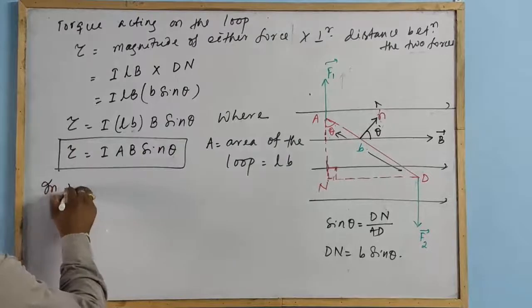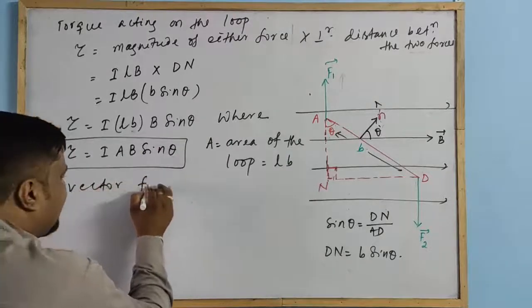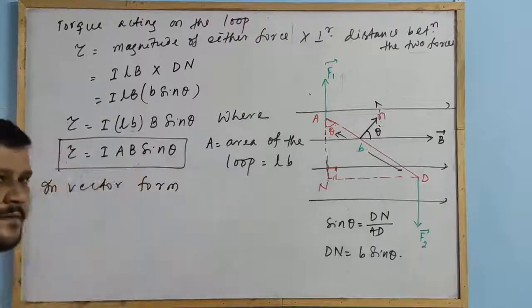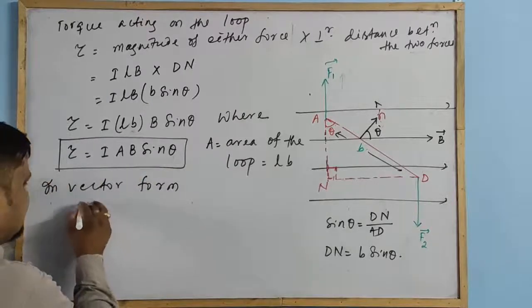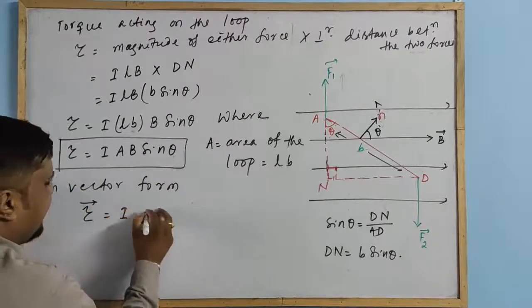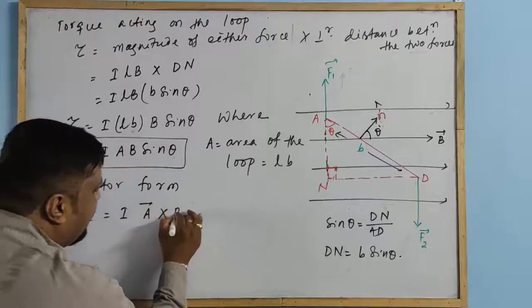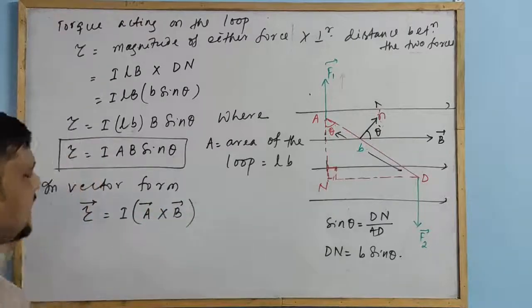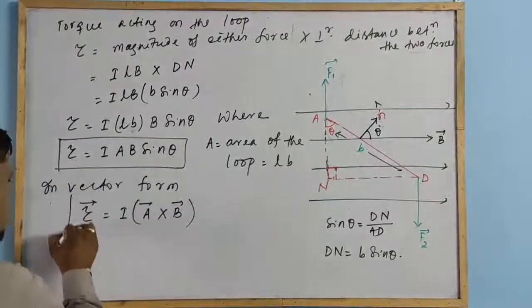In vector form, because area is a vector, tau is equal to I area vector cross B. That is the vector form.